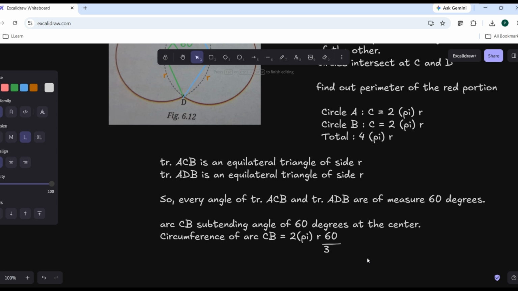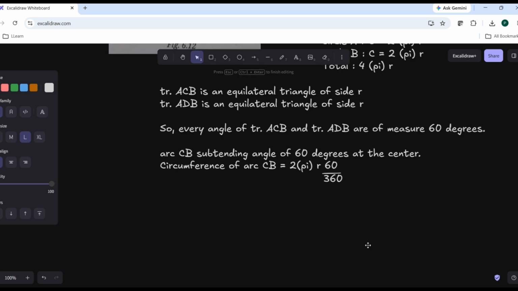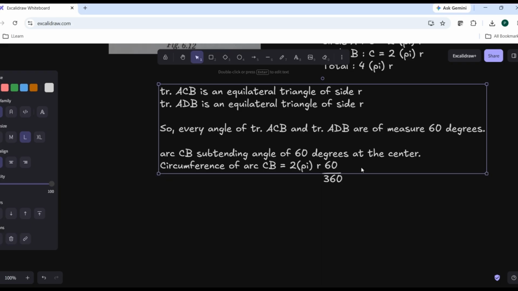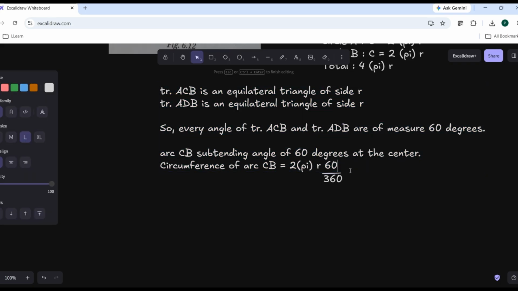What is 60 by 360? 60 by 360 is 1 by 6. So this will become 1 by 6 of 2 pi r.